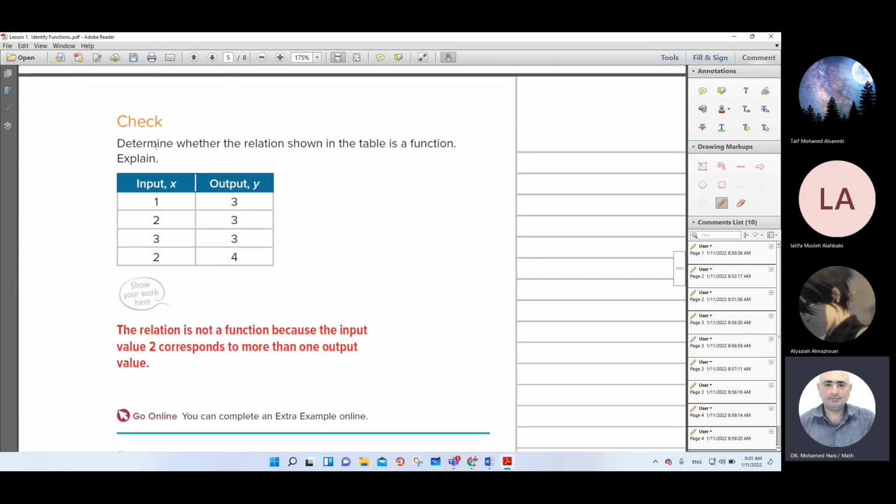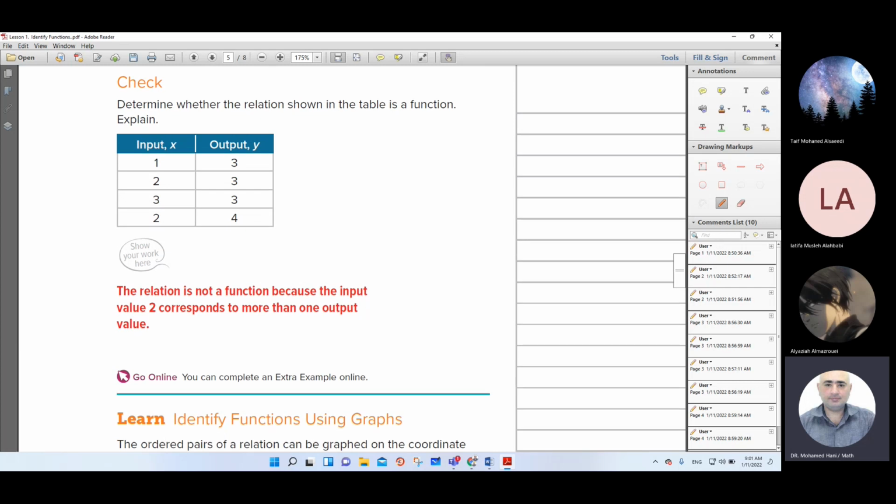In this example, determine whether the relation shown in the table is a function and explain. Look at the input. 1 corresponds just with 3. 2 corresponds just with 3. 3 corresponds just with 3.